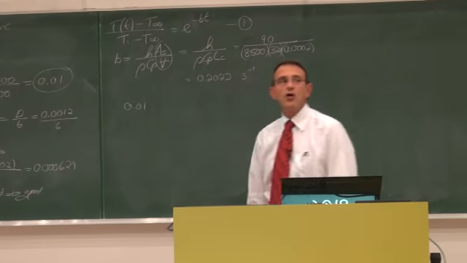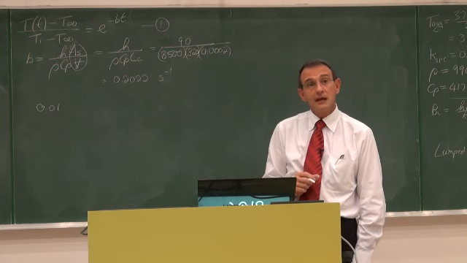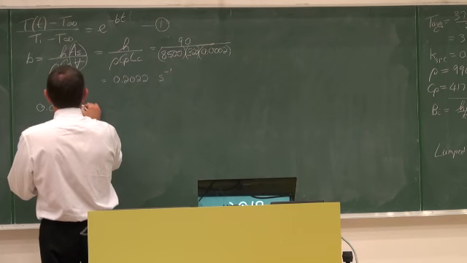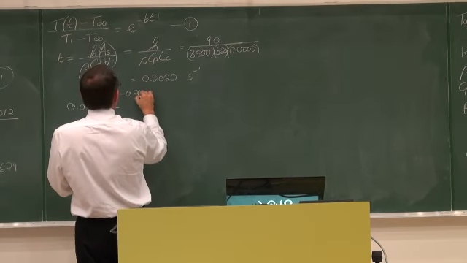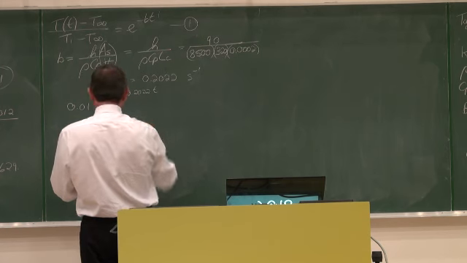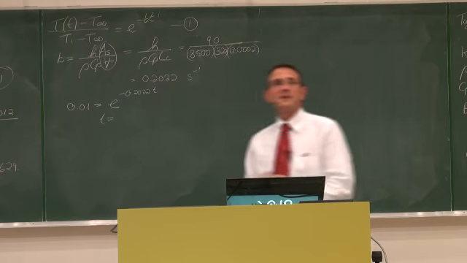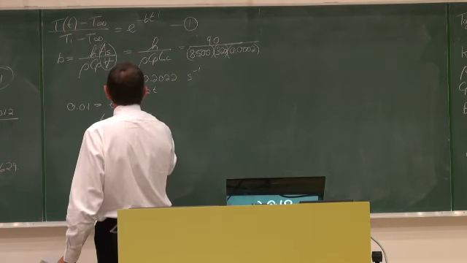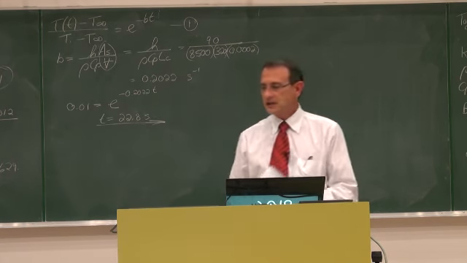We want to know how long it is going to take before it reaches within 1% of its real value. 0.01 is equal to e to the minus 0.2022 multiplied by t, from where we can solve that the time would be 22.8 seconds.